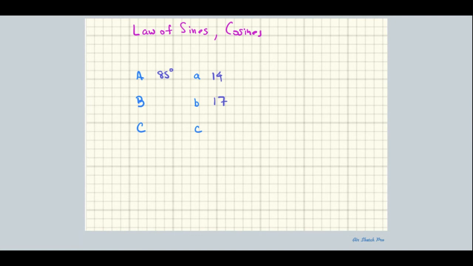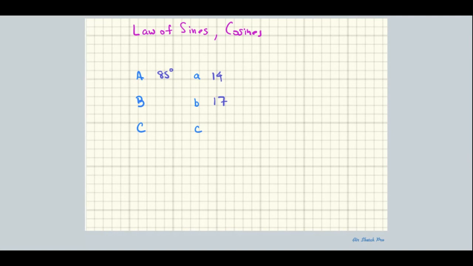Ambiguous, not ambiguous. 1 for ambiguous, 2 not ambiguous. Okay. Now, next one. 1 for opposite greater than adjacent, 2 for opposite not greater than adjacent.